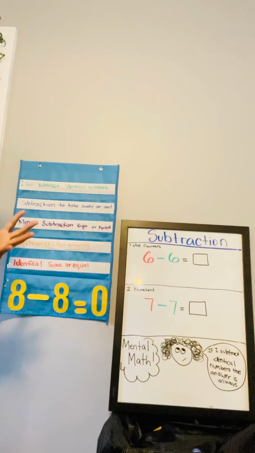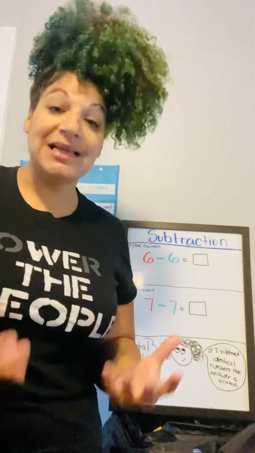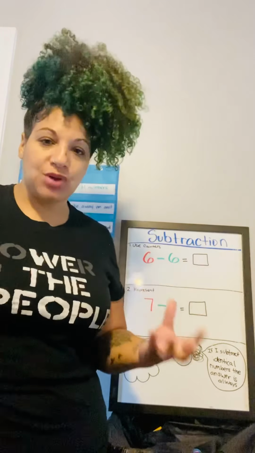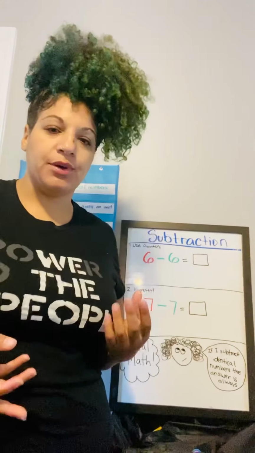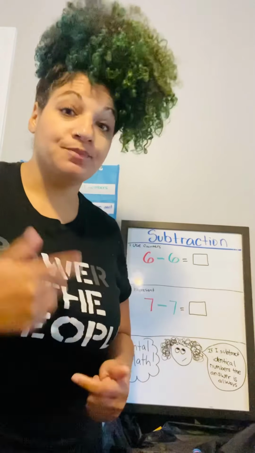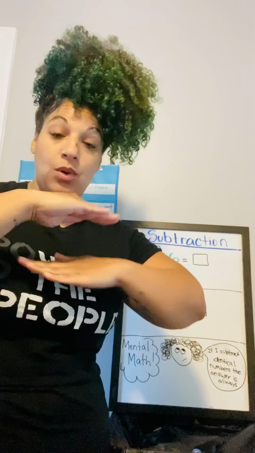Now, identical means the same. And today we're talking about subtracting identical numbers. Identical means the same. It means what? If numbers are the same, that means they are equal. They are what?